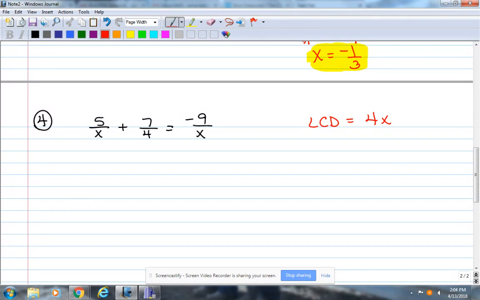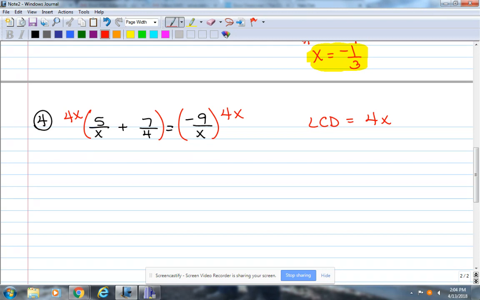So what you have to do with that least common denominator is multiply everything on both sides of this equation by 4x. Now that's going to cancel out your denominators and leave you with your numerators. But look at the first fraction.